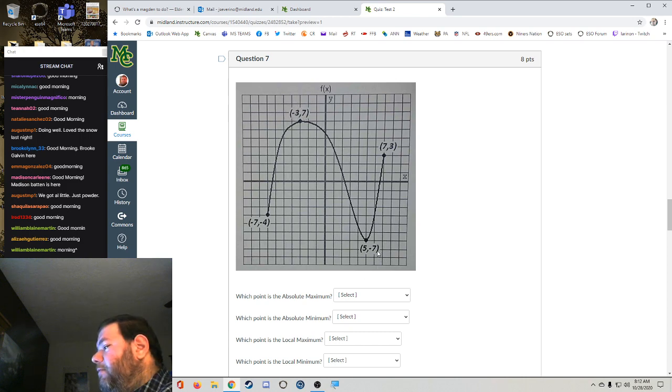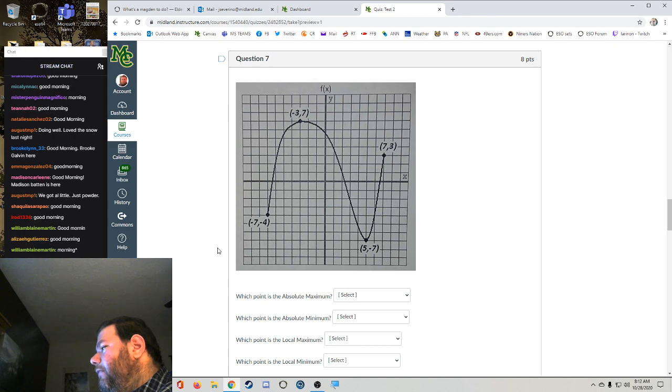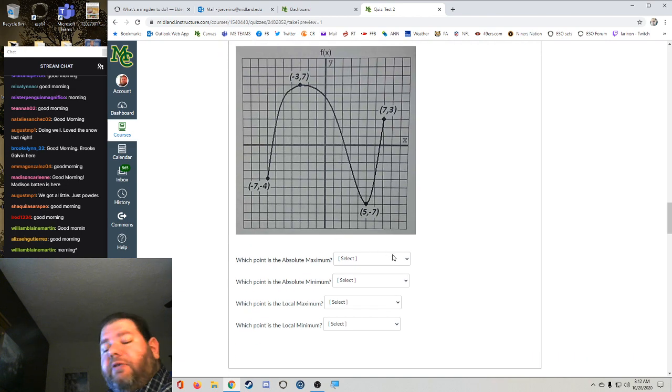And our absolute minimum, this is the lowest point on the graph, that's our 5, negative 7. I don't know if some of you thought this was a matching problem or something, but we don't have to use every single coordinate once here. I just did a drop-down menu because I wanted to get 4 options, basically. So essentially, it's like 4 multiple-choice questions in one.